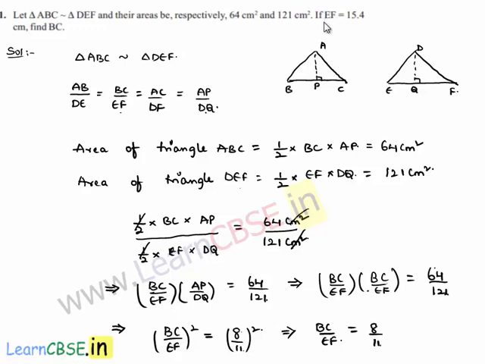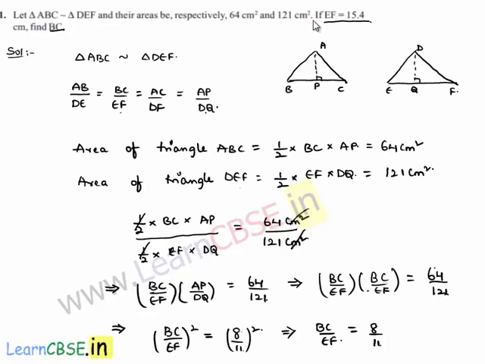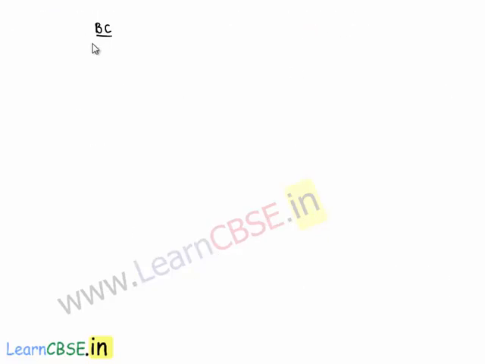Here the value of EF is given as 15.4 and we are asked to find the value of BC. Therefore we get BC by 15.4 is equal to 8 by 11.